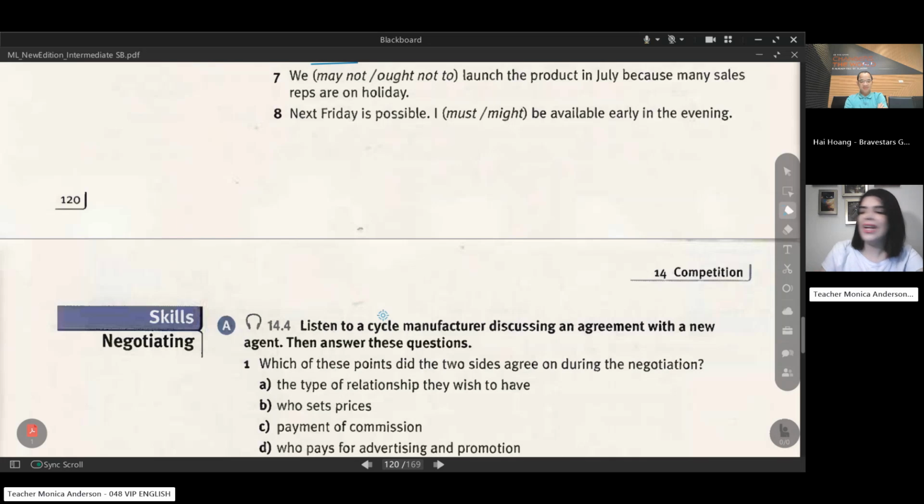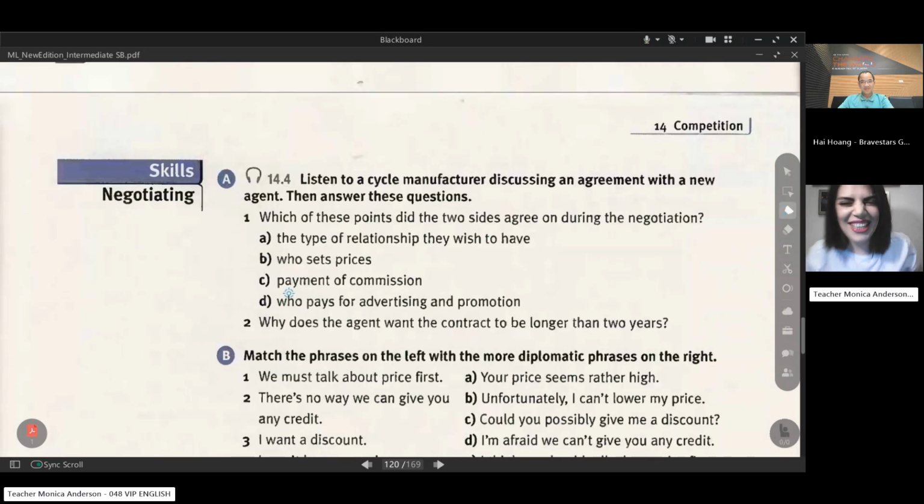Okay. Now let's keep going with your favorite part. After doing some grammar, after this confusion, it's time to recover with listening. You just forget about everything and prepare for good practice.